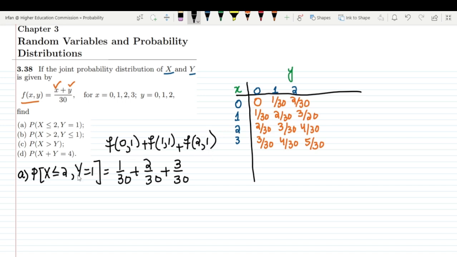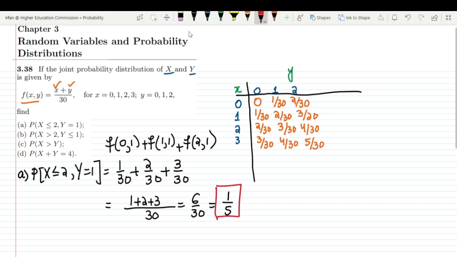We can see that these conditions have been fulfilled here. Using the LCM, this would be 30, and here it would be 1 plus 2 plus 3. So 6 by 30 or 1 by 5. That is the answer of part A of our question.